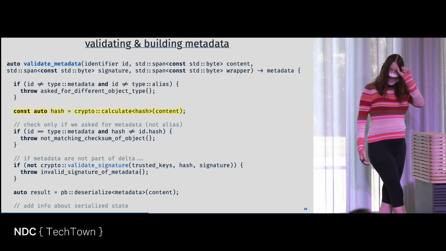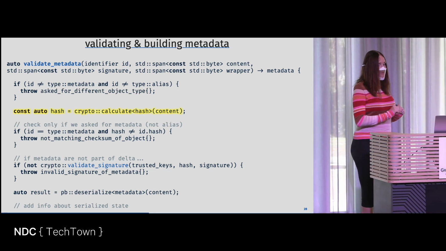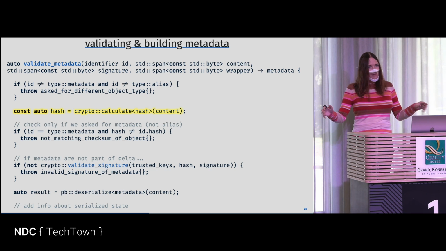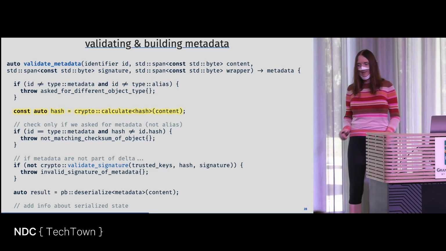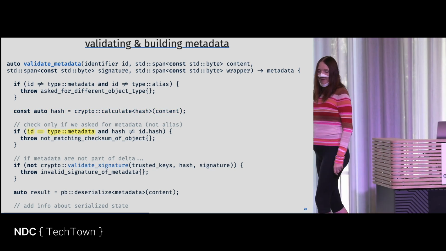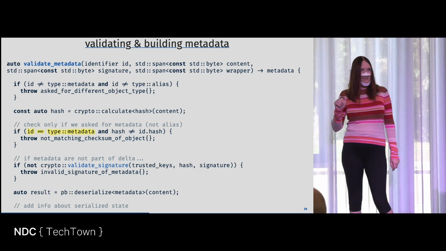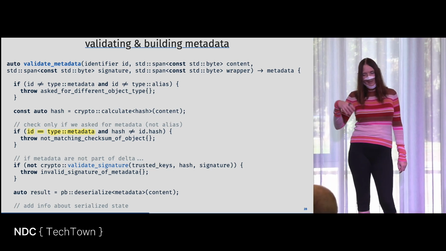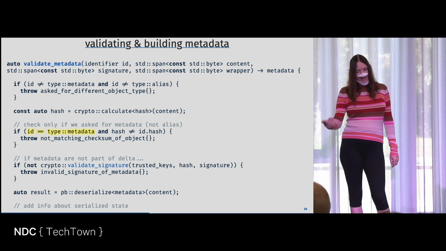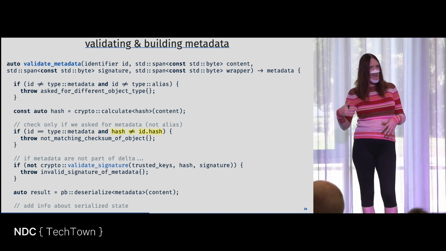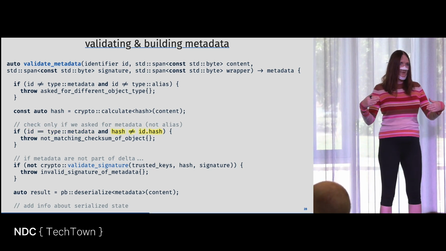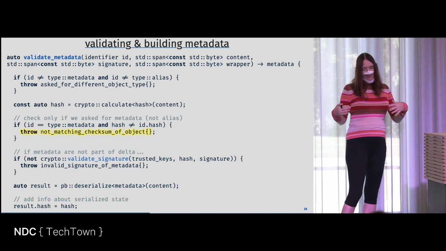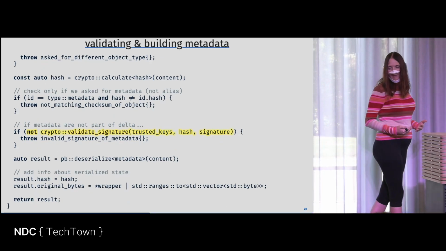Then I calculate the hash of the content, not the wrapper content, but the content of metadata only. And if the ID is metadata, because alias doesn't need to be identified by hash, we compare whether the hash is the same as the hash we asked for. If it's not, we throw an exception.